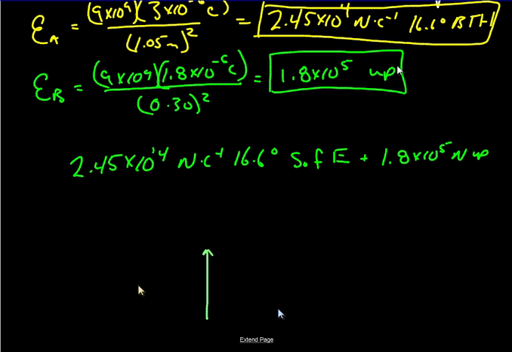So we've got the 1.8 times 10 to the 5, like that. We've got this one over here. And our resultant field is going to be off in this direction. Okay, so somewhere up and to the right.